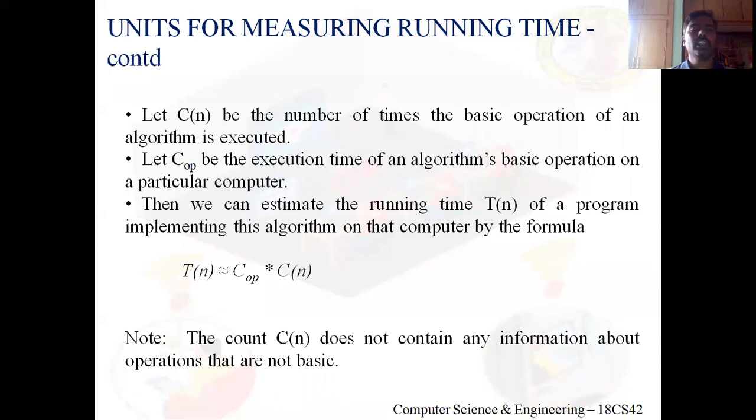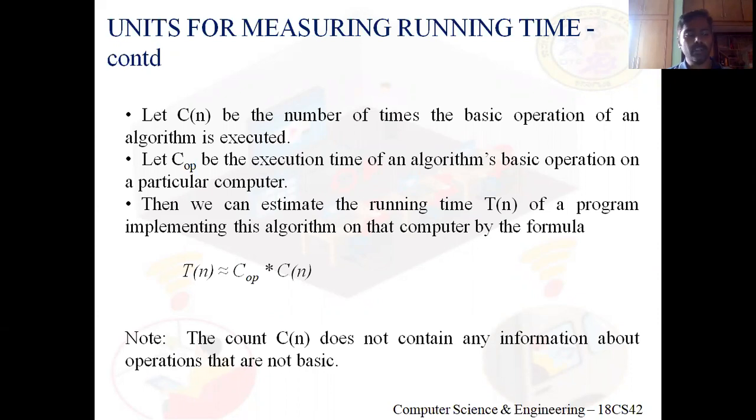Let me say T of n. Suppose there's one particular operation, let me say OP, and that operation takes c_op seconds for one execution on one machine. And suppose the number of times the operation is going to execute is C of n, the operation count.